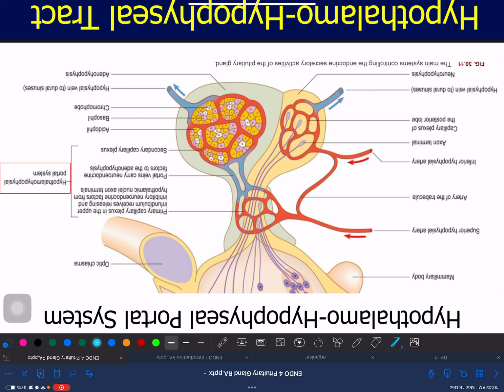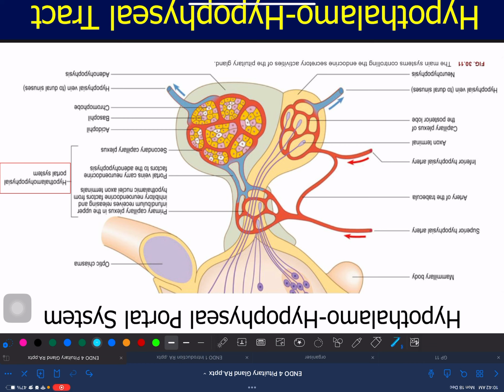So they receive the inhibition or stimulation hormone from the hypothalamus. Later it connects to the anterior pituitary via the secondary capillary plexus. So the portal veins carry neuroendocrine factors to the adenohypophysis.